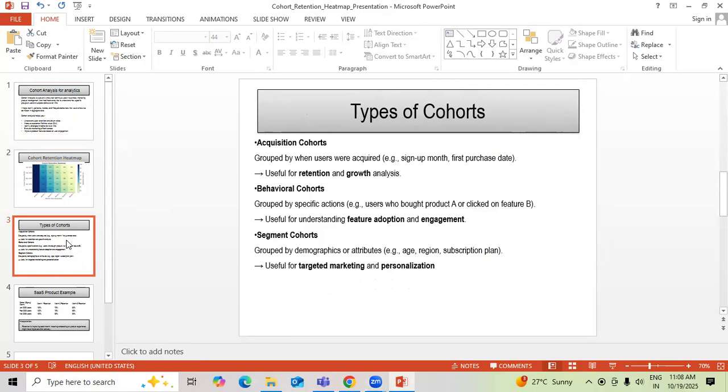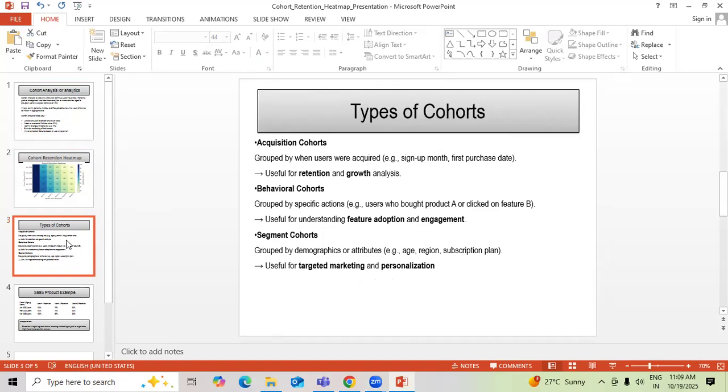But before we get into that, we must know the different types of cohort analysis. One is acquisition cohorts, which are grouped by when users were acquired, for example a sign-up month or a first purchase date. This is useful for retention as well as growth analysis.